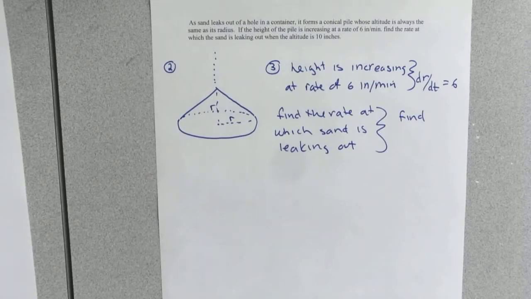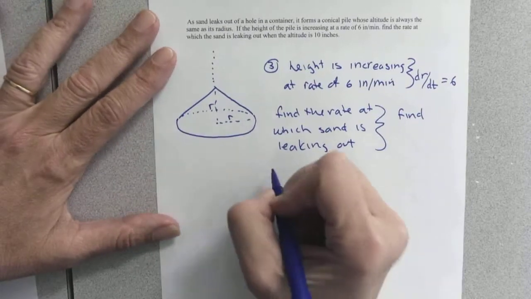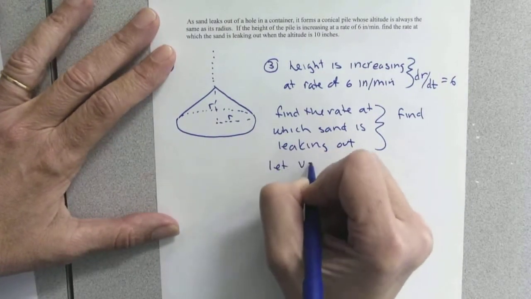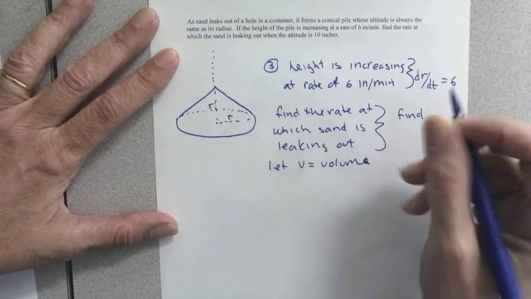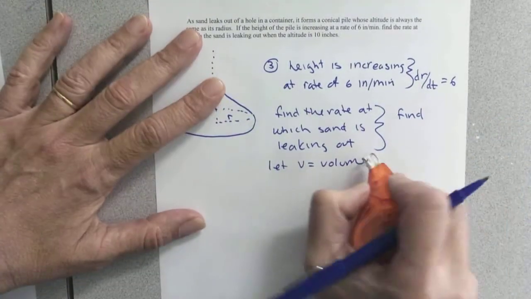As sand leaks out, that three-dimensional pile keeps getting bigger and bigger. And they're asking me about all the sand, how fast all that sand is leaking out. Well, we measure three-dimensional shapes by volume. So I'm going to let V equal volume.